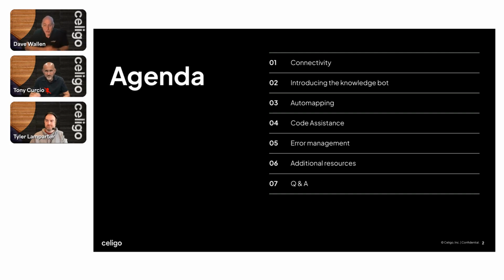And then we're going to introduce the star of today's show, the Knowledge Bot. We'll look at advances we've made in auto mapping, in code assistance, in error management. And then we'll wrap up with a reminder of how you can get more information on today's topics in the additional resources, and then we'll go into the Q&A.